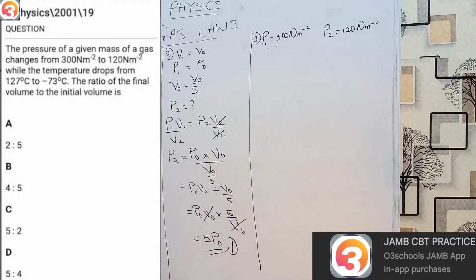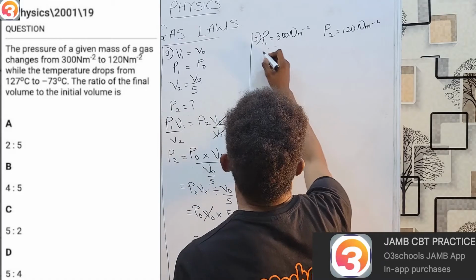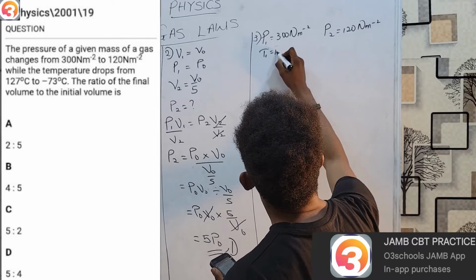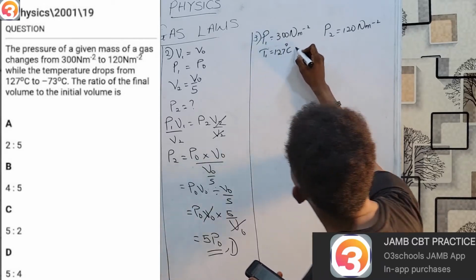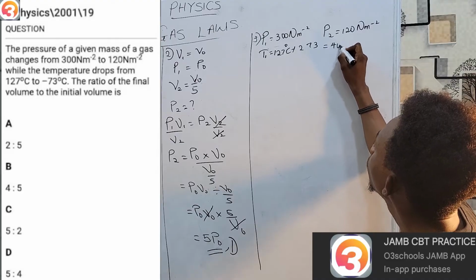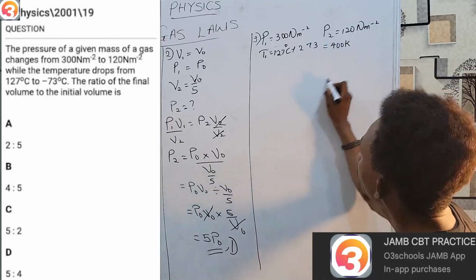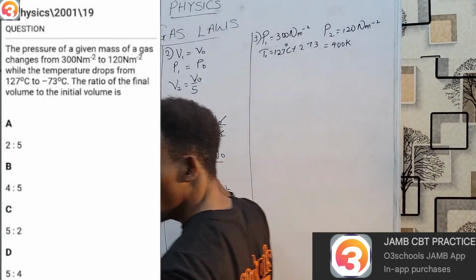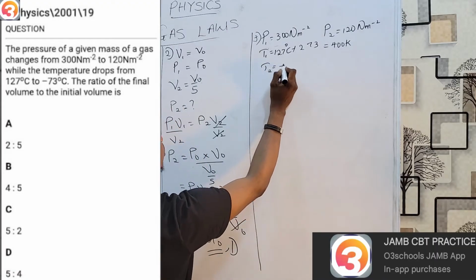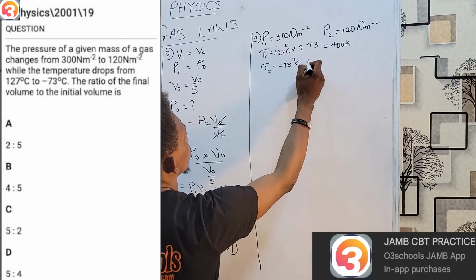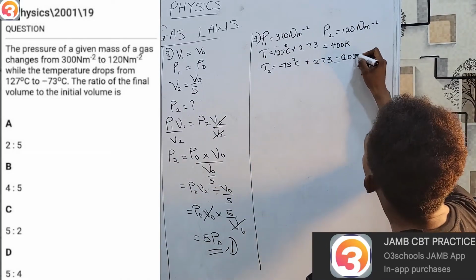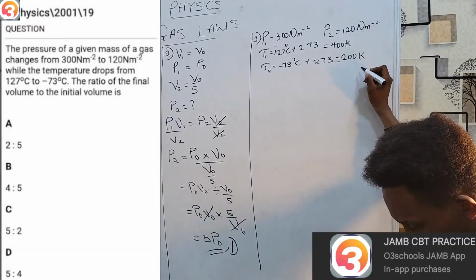While the temperature drops from 127 degrees Celsius, convert to Kelvin, plus 273, that is 400 Kelvin, to minus 73 degrees Celsius, convert to Kelvin, that will be 200 Kelvin.